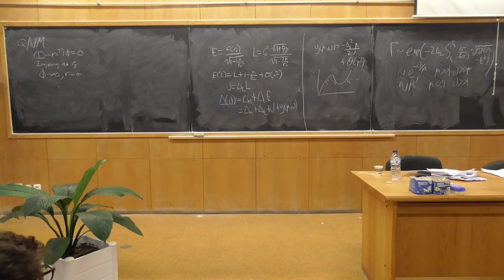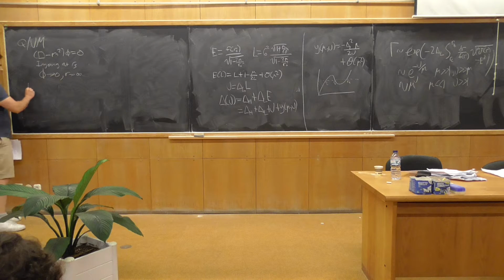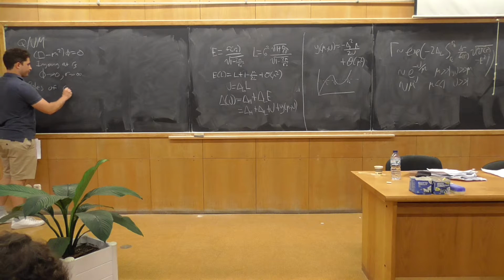So if there's a solution that satisfies these conditions, then there's a quasi-normal mode at that complex value of the energy. Another way to think about these quasi-normal modes is that they're poles of the retarded Green's function.